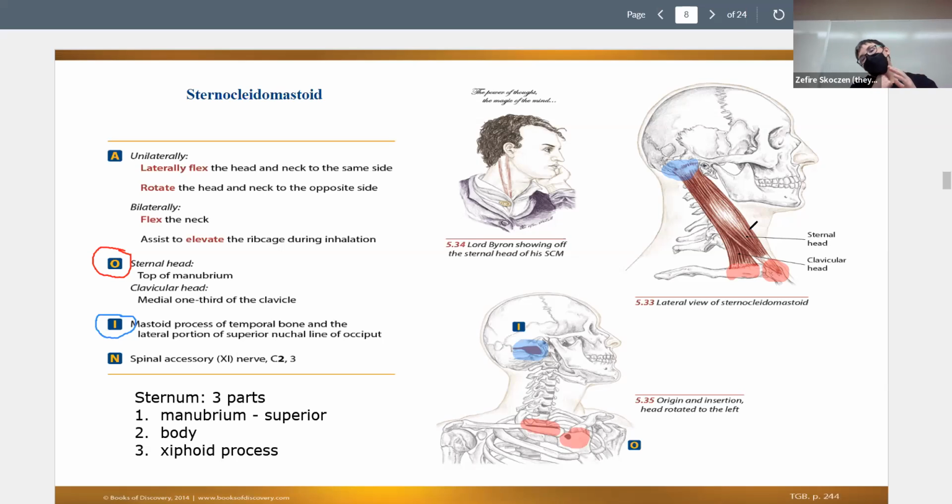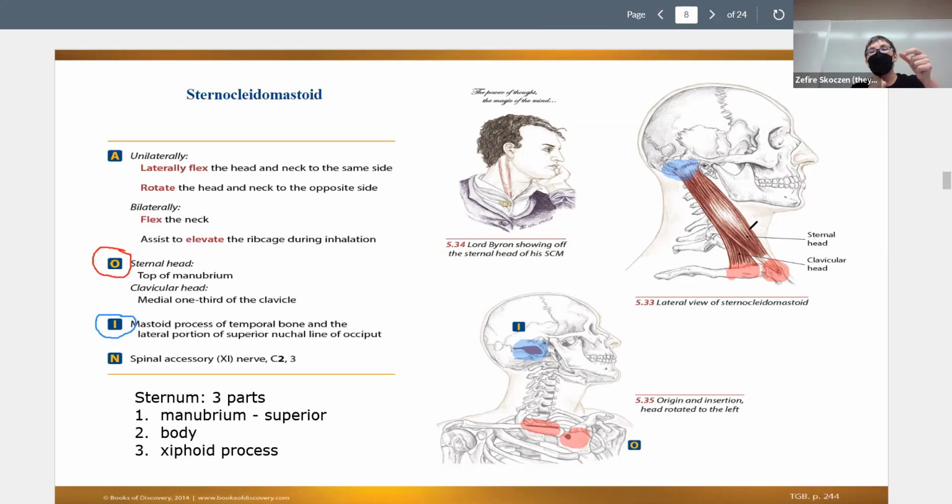Now, with the motions that the muscle does, right? Lateral flexion of the head, rotation to the opposite side, flexion of the head, practice those movements, because you'll notice that depending on what part of the sternocleidomastoid you're on, some of those movements are going to make it easier for you to feel the muscle and really get your fingers all the way around it.